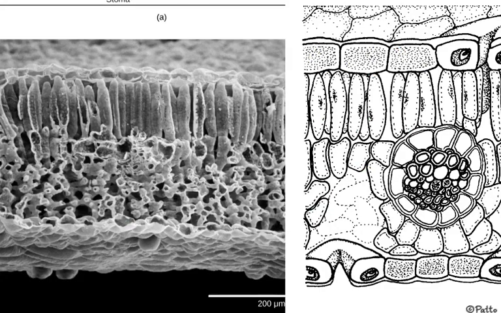What about the function of the structures? We'll see in a moment. First, a few pictures for you here. The upper epidermis, palisade mesophyll, sponge mesophyll. It's not clear here if we have a vascular bundle, but here we have, look, the upper epidermis, palisade mesophyll, sponge mesophyll, and here we have xylem and phloem.